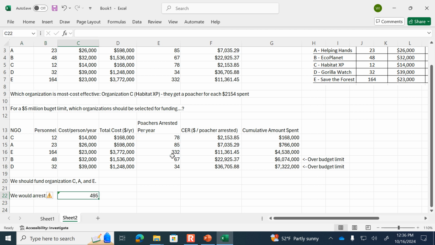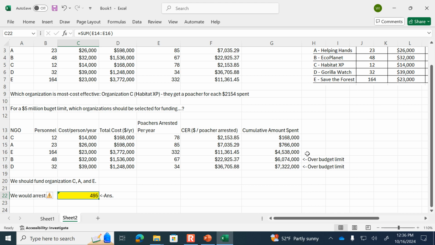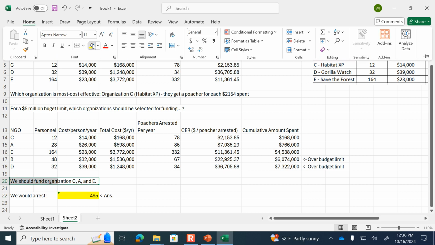So 495. That would be the number of poachers that get arrested each year, 495, if we are funding organizations C, A, and E.